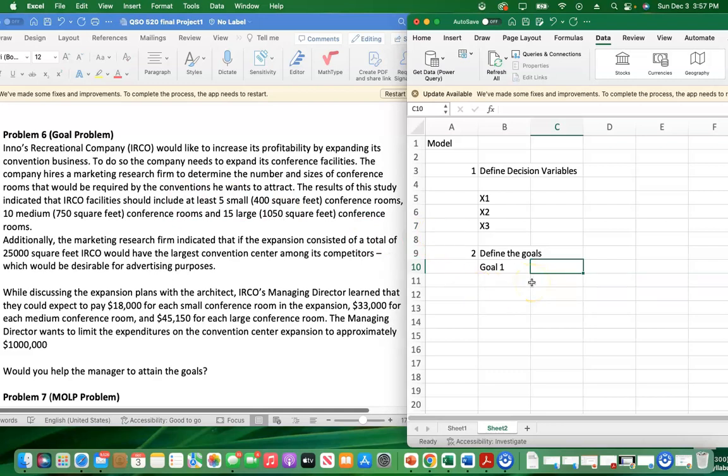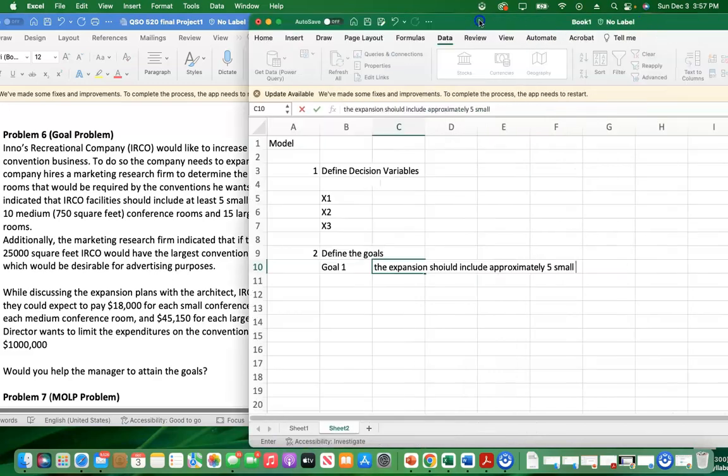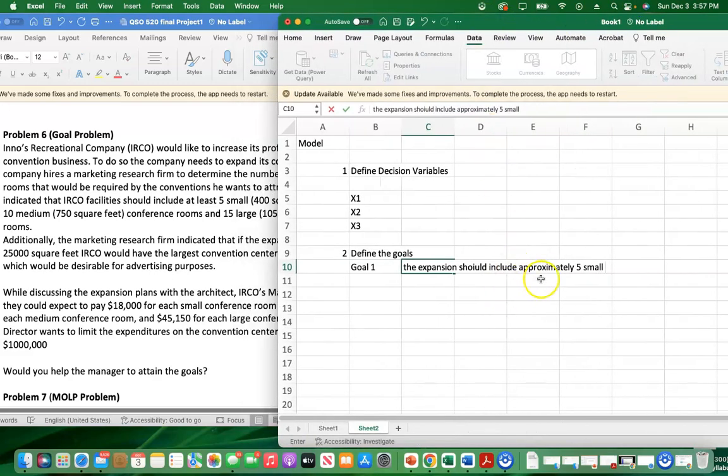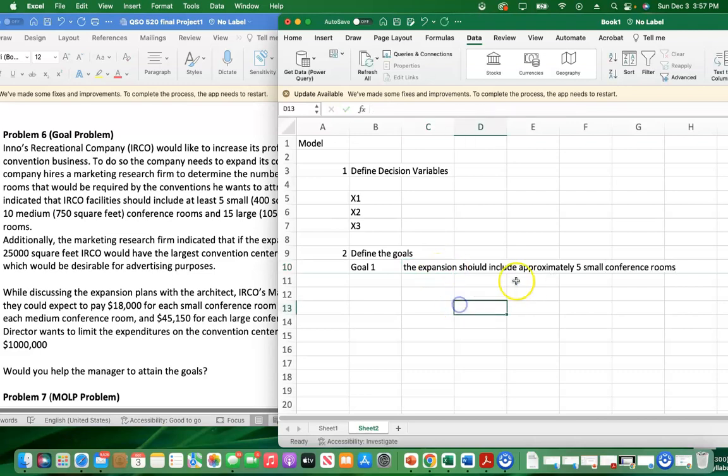So in this case, the expansion should include approximately 5 small conference rooms. Here you can see that we're talking about approximately, meaning that the company can come up with 5 small conference rooms, or a little bit more, or a little bit less.